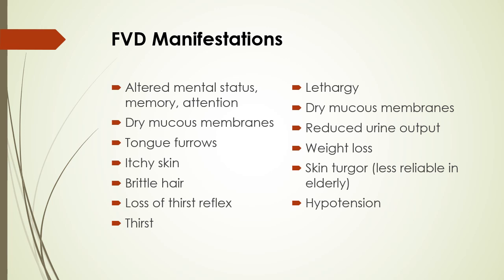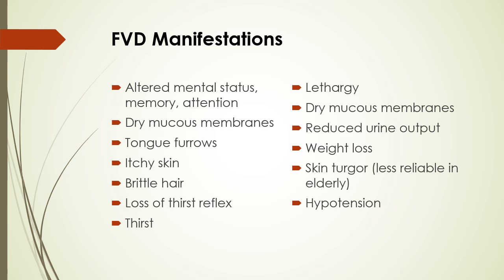Speaking of urine output, what is the minimum urine output that you want to see in a patient? Rule of thumb, you want to see 30 milliliters an hour. Now, there actually is a weight-based calculation, but just a quick rule of thumb, if you've got somebody that's putting out less than 30 milliliters an hour on average, then you have somebody that's having a problem with urine output, and you need to investigate and figure out why.